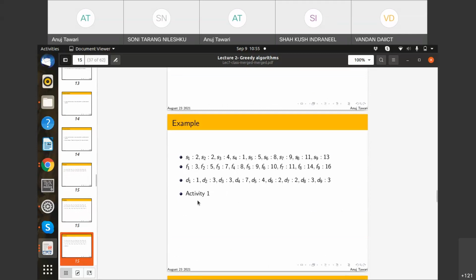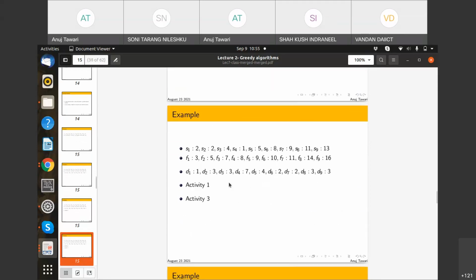You pick activity 1, and then you can't pick 2 because it is conflicting. You have one thing on 2 to 3, you cannot have another thing on 2 to 5. Then activity 3, there is no problem because this is from 4 to 7, and this is from 2 to 3.